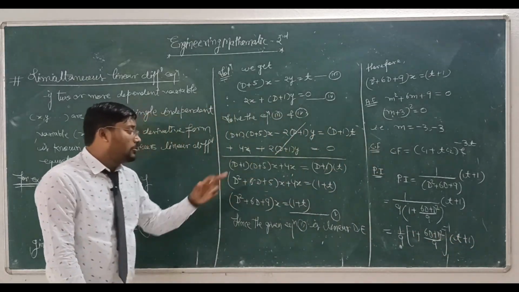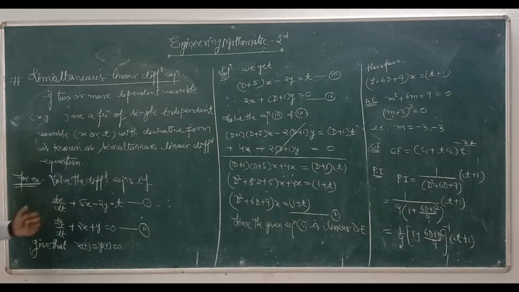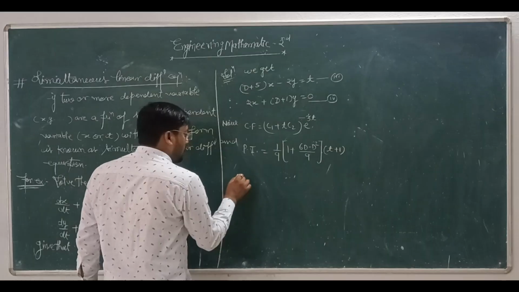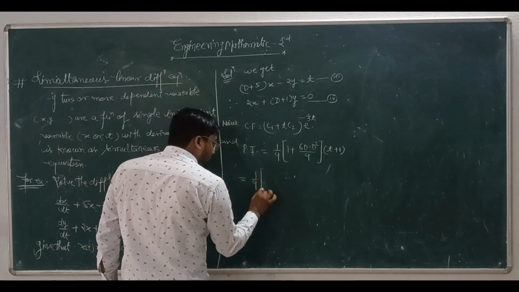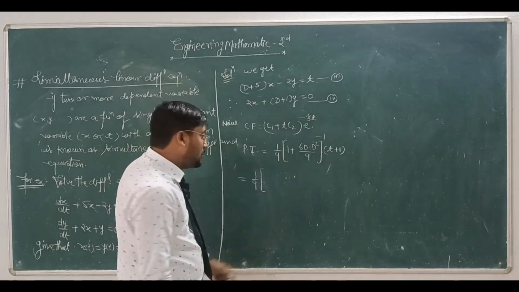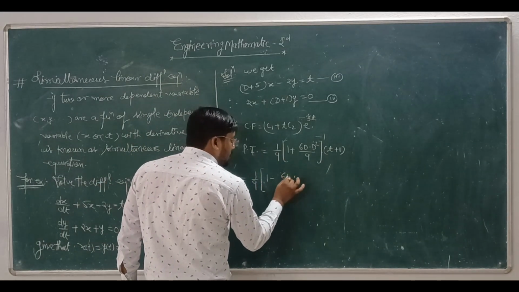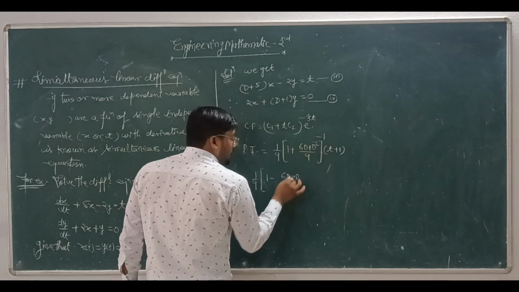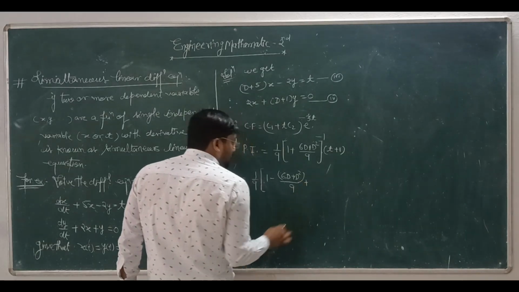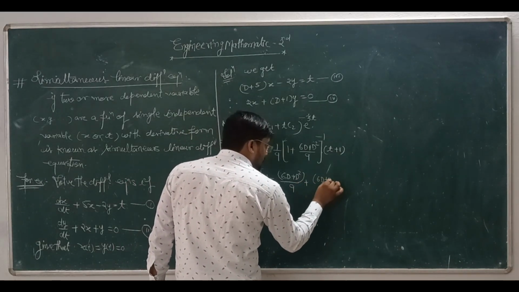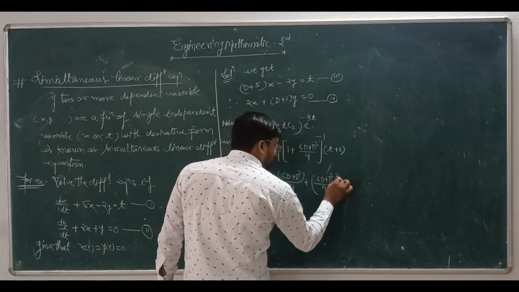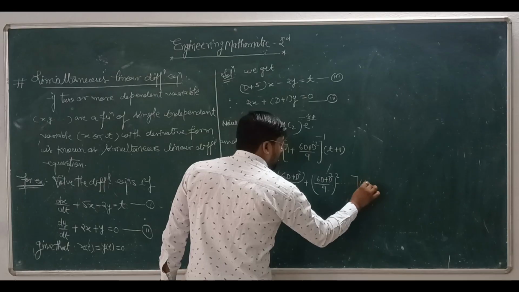Open and expand this function: 1 minus (6D plus D square)/9 plus ((6D plus D square)/9) to the power 2 minus and so on, into (t plus 1).